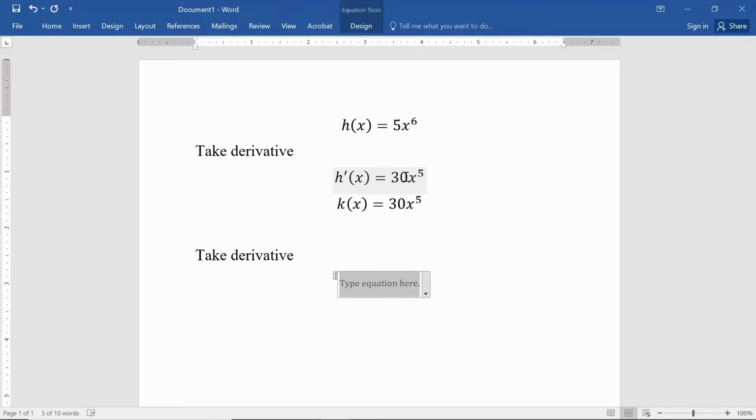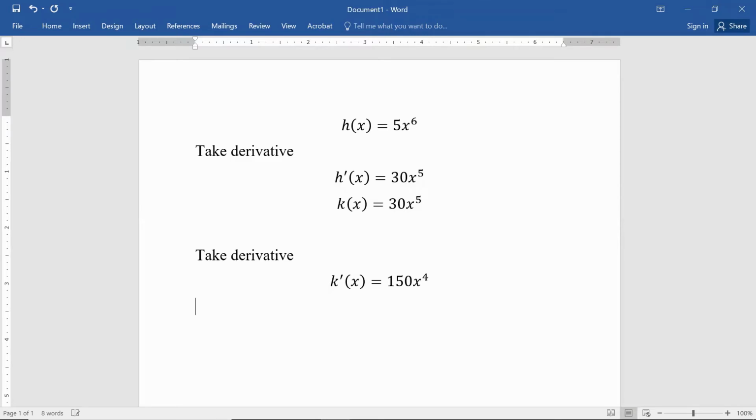So I can take the derivative of k. That's like k prime of x. And again, this would be a power rule. So 30 times 5 would give me 150. X to the 5th, we reduce the exponent by 1, and you get x to the 4th. So the derivative of 30x to the 5th is 150 times x to the 4th.